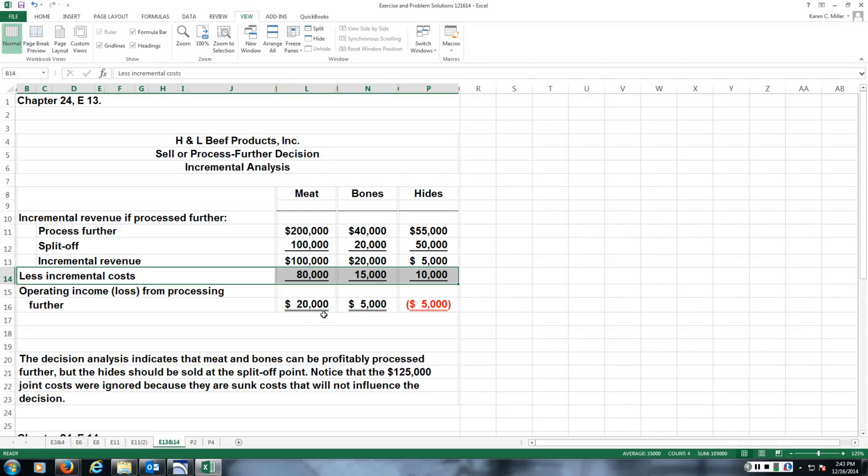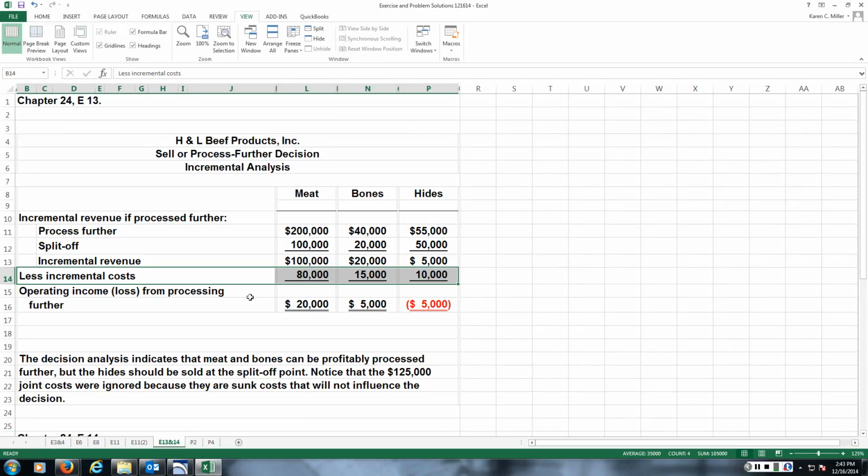So continuing to process the meat would be profitable, even the bones, because incremental revenue, additional revenues of $20, additional cost of $15, I would generate an additional profit, incremental profit of $5. Hides, not so popular. We only generate an additional $5,000 in revenue, but we would generate $10,000 in additional costs. So we would lose money if we chose to jump into the hides market with the operations, the effectiveness of the operations that we currently maintain.